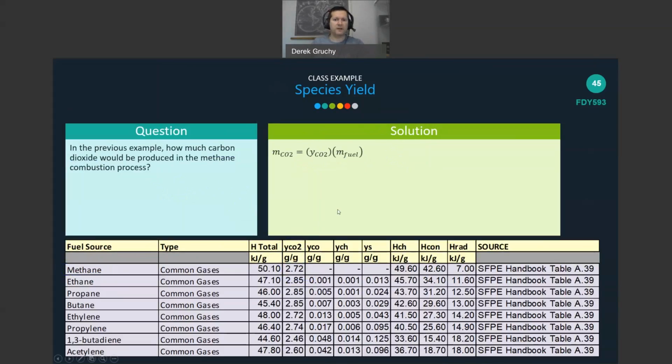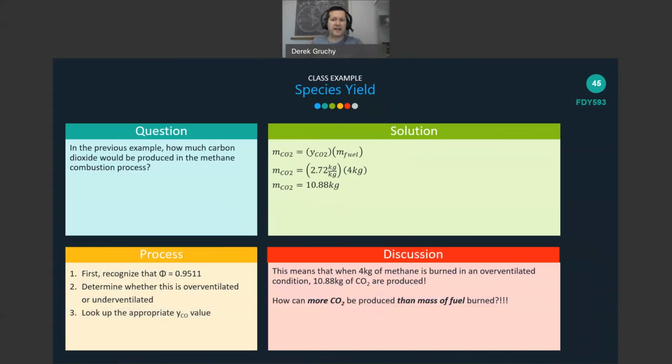So we look up that value, 2.72, and then we're just multiplying it by the 4 kilograms of methane that we're going to burn. And that gives us 10.88 kilograms of carbon dioxide. So we should have 2.72 times the amount of fuel, and that looks like it's about right. And so we're actually getting that extra bit of carbon dioxide produced there.